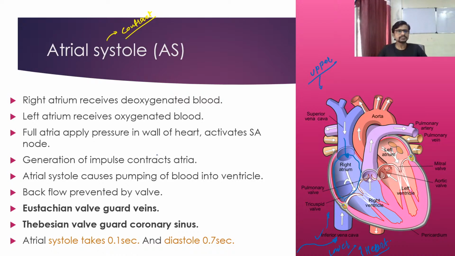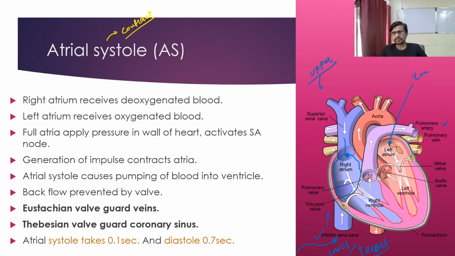Okay, so the left atrium receives the oxygenated blood. So we are talking about the atria, and I also add one more line about the left atrium. So here is your left atrium, and it is receiving blood from the pulmonary vein, that is from the lung.